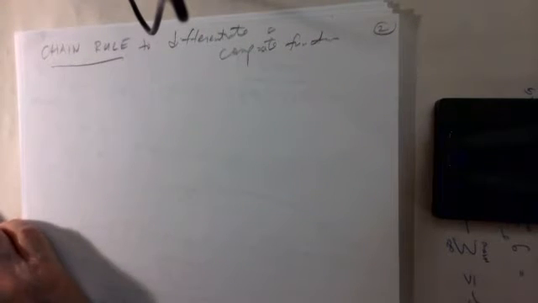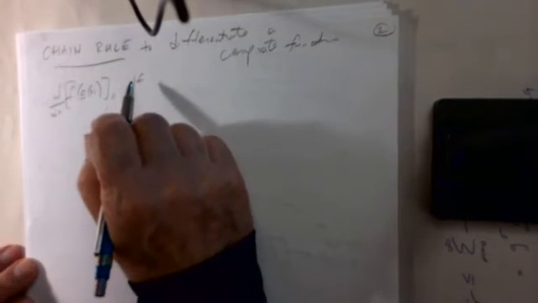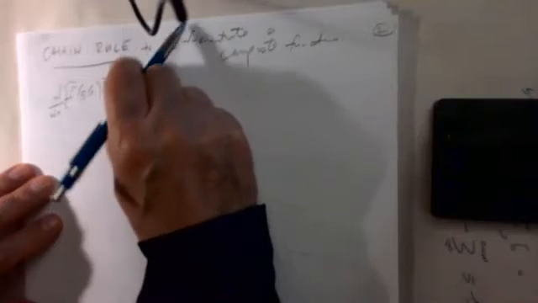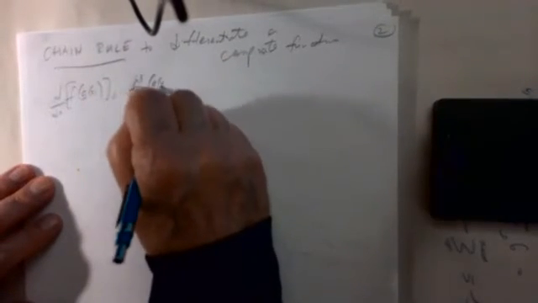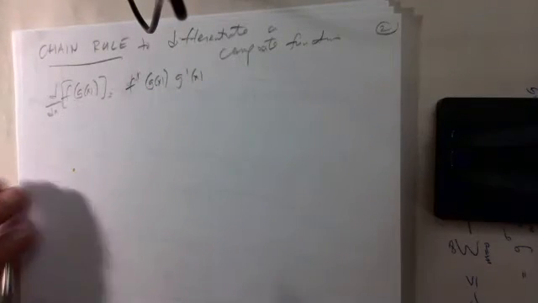And the rule, I can write it down in two ways. If you have the composite function f of g of x, and we differentiate this with respect to x, it's the derivative of f, I just use a prime as the notation for a derivative. This is the derivative of f evaluated at g of x times the derivative of g of x.